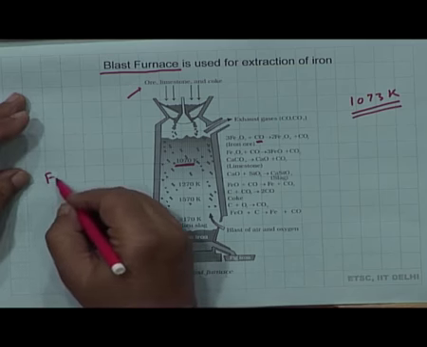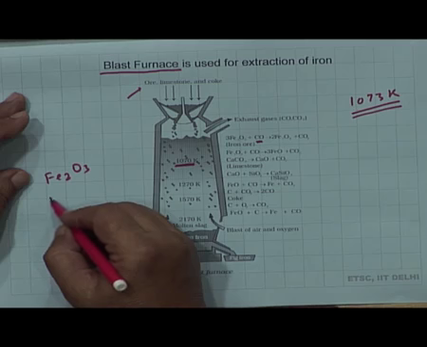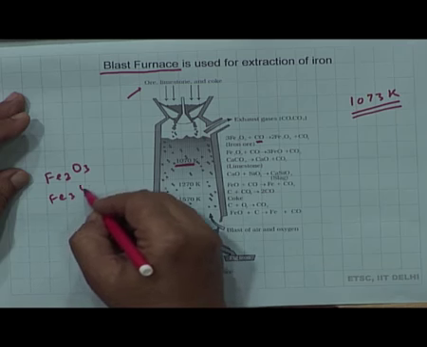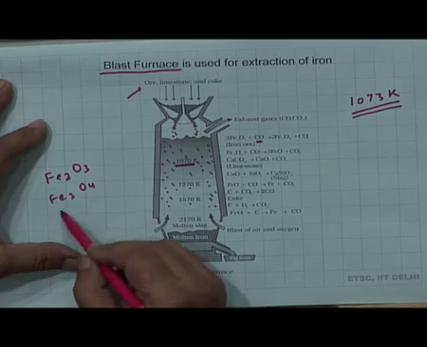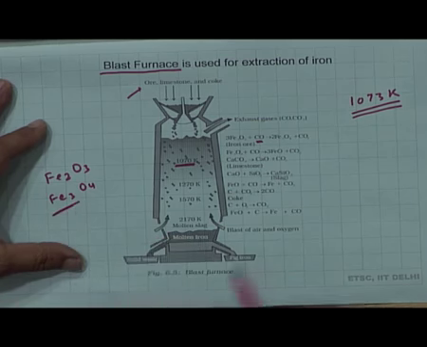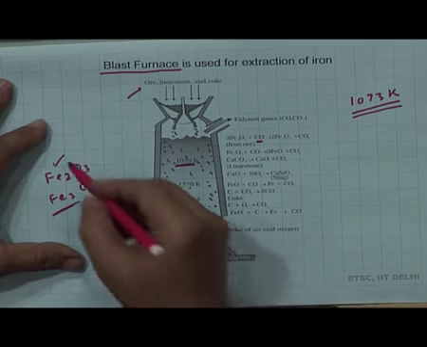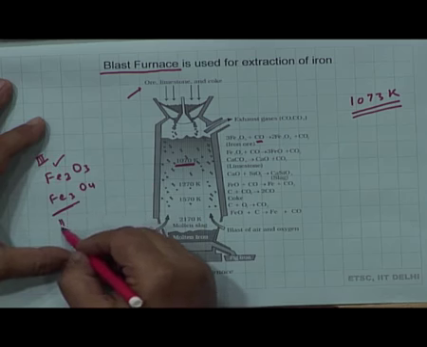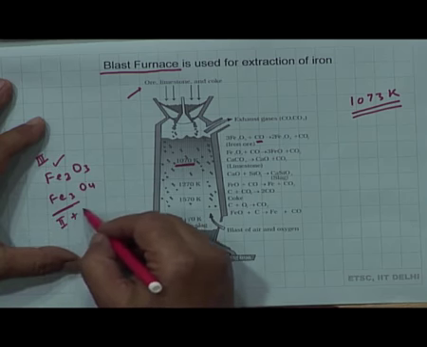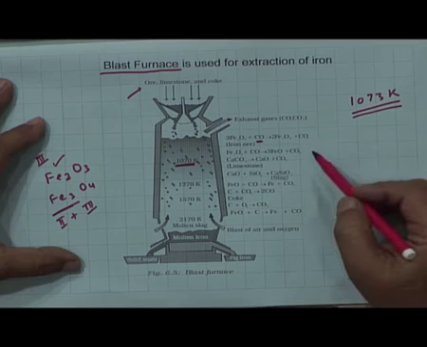If you look at Fe2O3 and Fe3O4, you can see the formal oxidation state of iron in this is lesser than this. Here all iron is in the 3 oxidation state, here iron is in 2 plus and 3 both oxidation states. So, iron in magnetite is partially reduced.